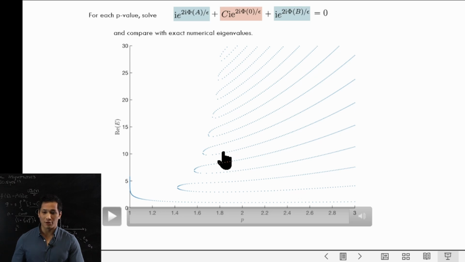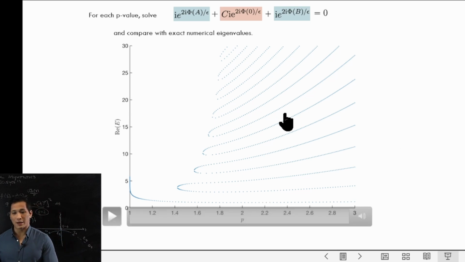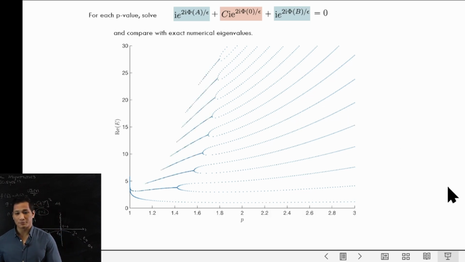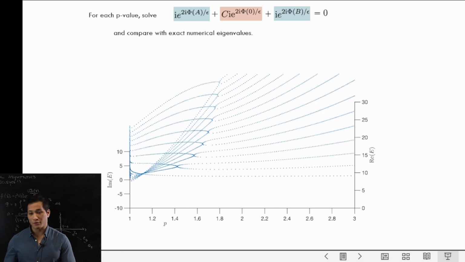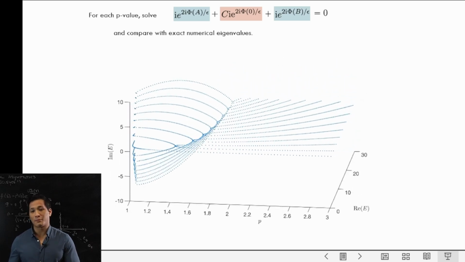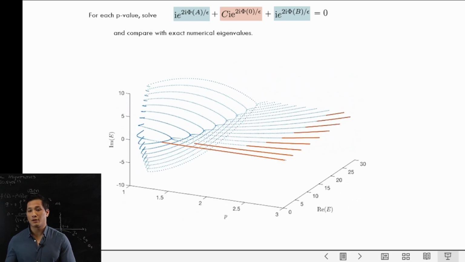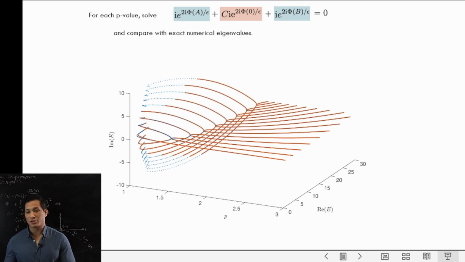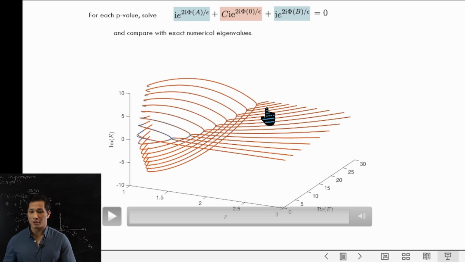Okay? So here's the picture, the numerical eigenvalues in the p versus real part of E plane, the energy values. And now here you can see that if you look at the diagram but allow for an extra dimension, the imaginary part of E, you can see the imaginary eigenvalues start to emerge when the real eigenvalues pair off. Okay?